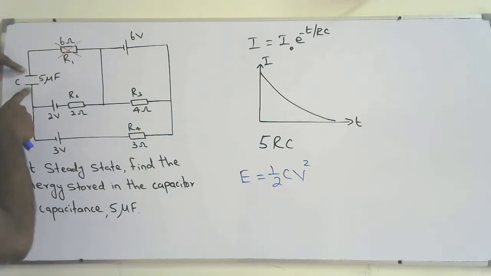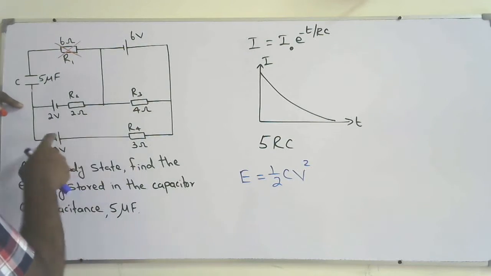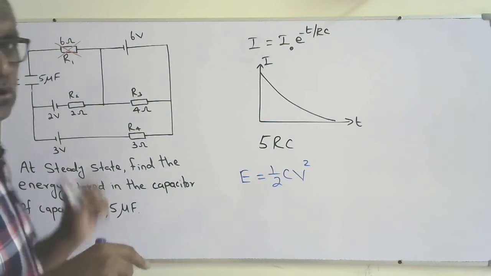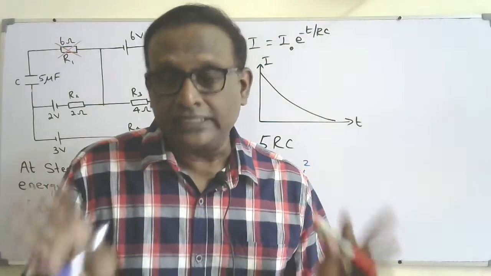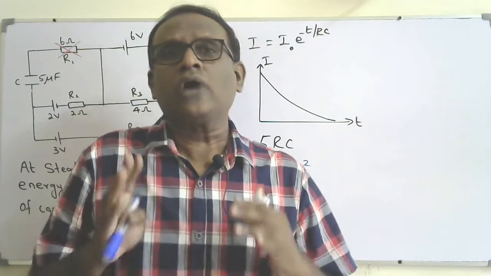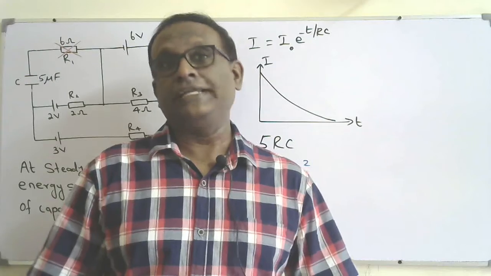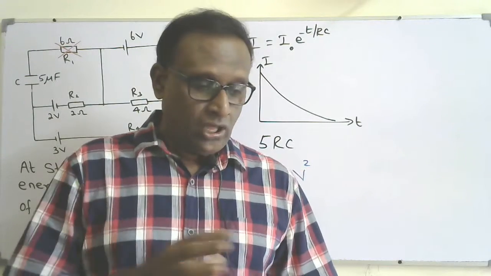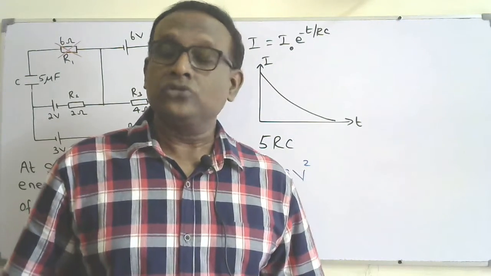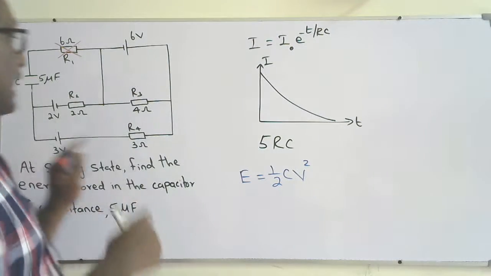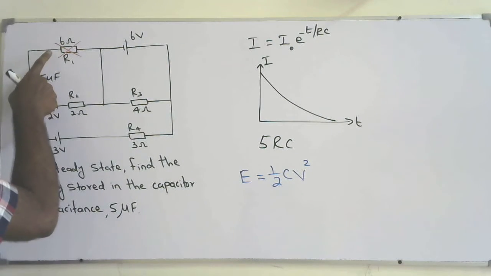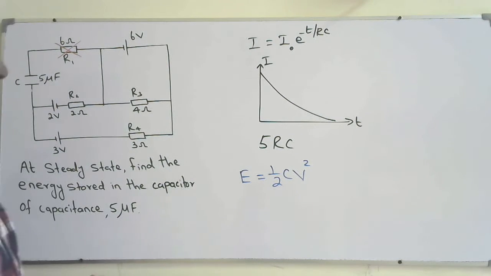To find the voltage across the capacitor, I need to find the current flow through these branches and resistors first. How can I find the current flow? By using Kirchhoff's second law. No current flows through this resistor at steady state.